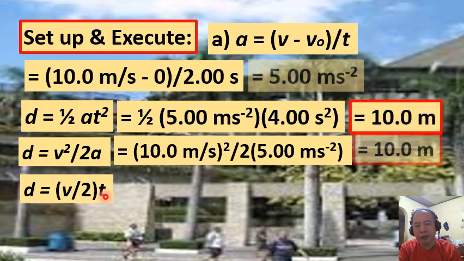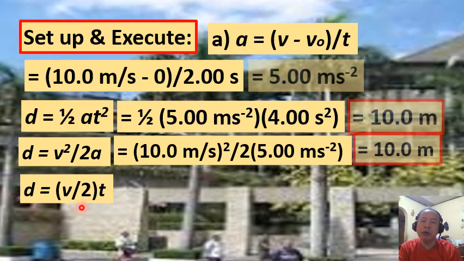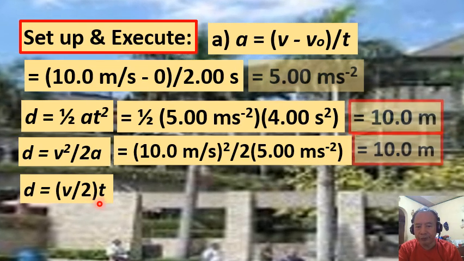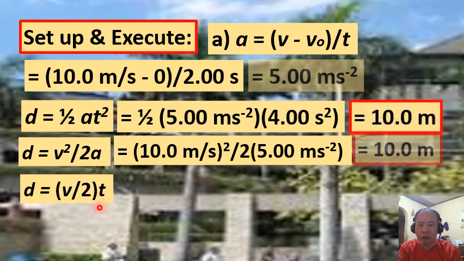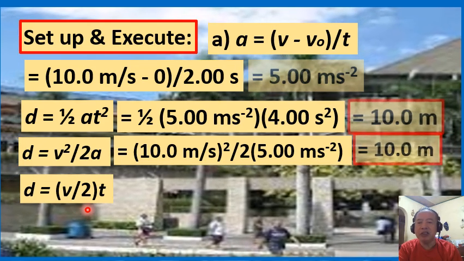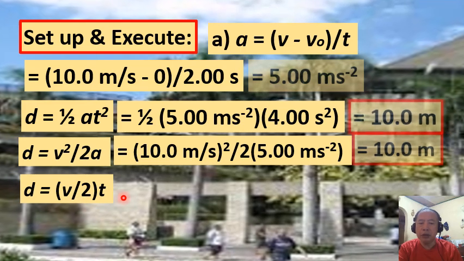All right? Now, this formula doesn't make use of the acceleration. You don't need the acceleration as long as you know the final speed and that the initial speed is 0. Okay, you can use this formula.